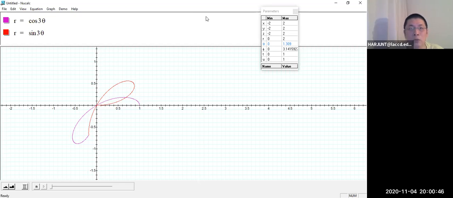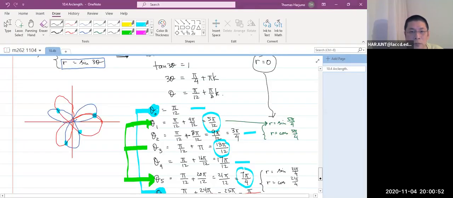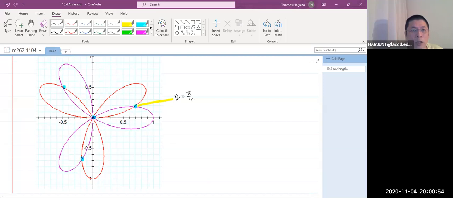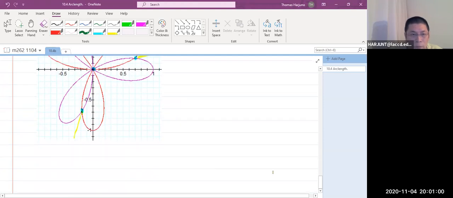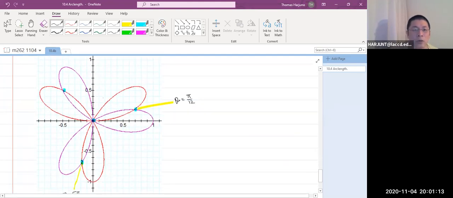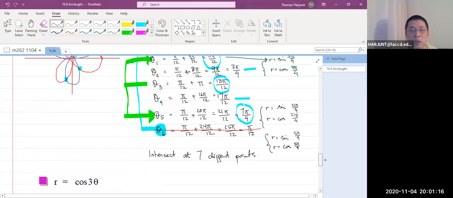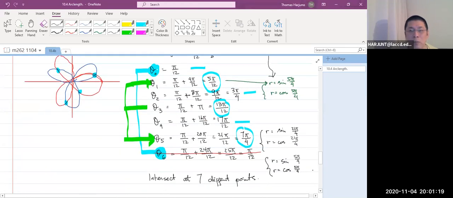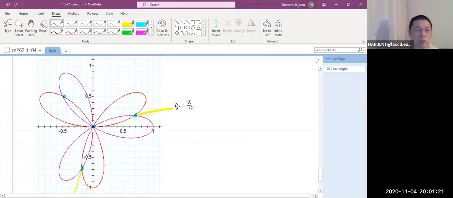So going back to my graph, this is when they meet. This is when theta equals 5 pi over 12. Oh, I see what happened. Now I see what happened. Okay, so this is clearly 3 pi over 4.